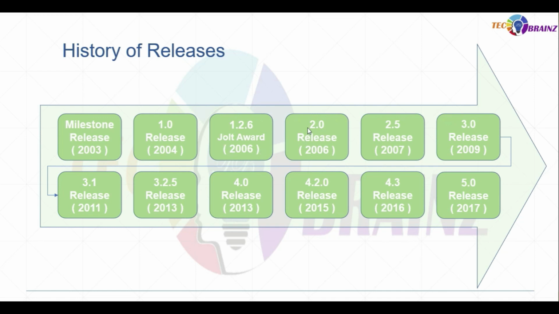Then in the same year 2006, they released their 2.0 release. Even though there were not major changes, they made a lot of improvements to the existing framework, and they did security fixes and so on. Till that point, all the configuration for Spring was in XML. In the year 2007, they released their 2.5 version.